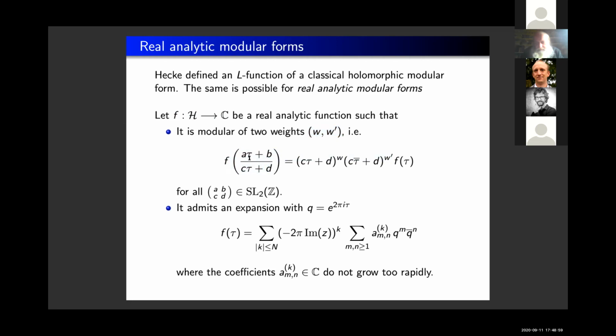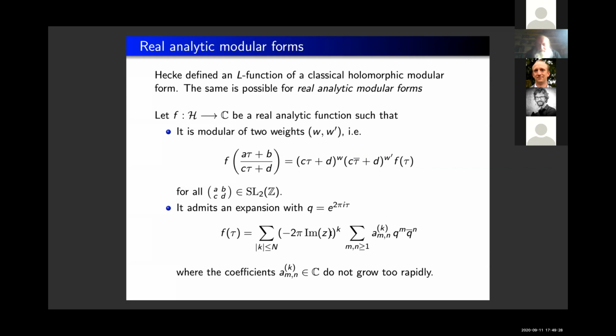So if you apply a modular transformation, Möbius transformation, then you get back the same function, but multiplied by a holomorphic automorphy factor, (C tau plus D) to the W. So this is very familiar from the classical theory of modular forms. But what's new is this anti-holomorphic transformation factor, (C tau bar plus D) to the W prime.